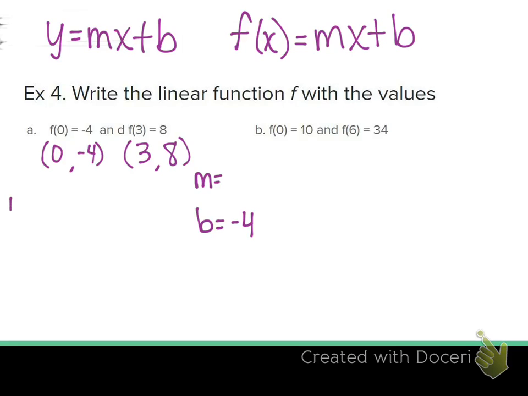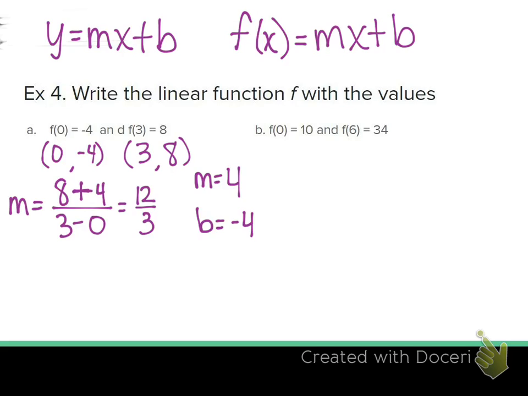To find my m, I have to use my slope formula. 8 minus -4 over 3 minus 0. Subtracting a negative means we add it. 12 over 3 reduces to be 4. You could put 4 over 1 or just 4.